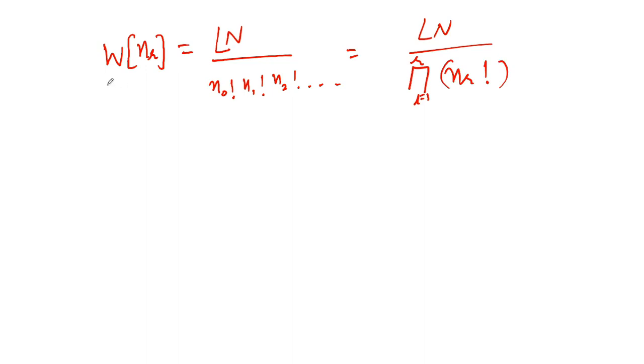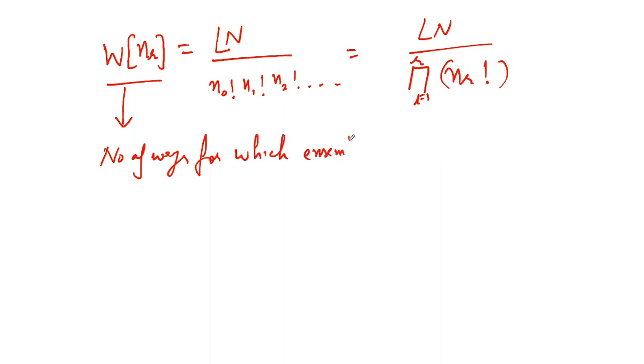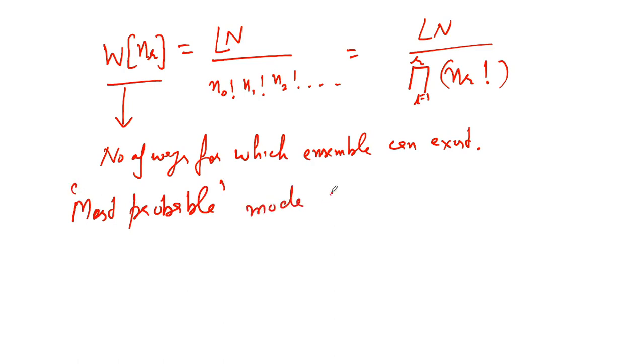Here this omega is known as the number of ways in which the ensemble can exist. It means that the ensemble can be in any one of these modes, and for the most probable mode of distribution, that is the most probable mode of distribution.